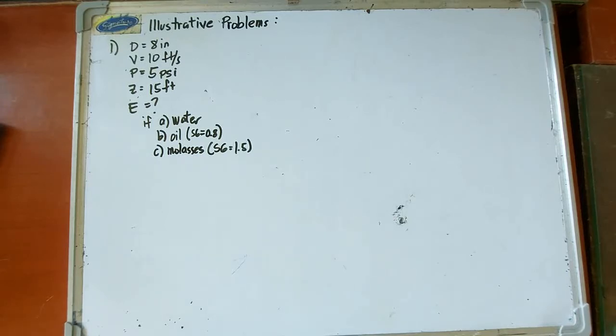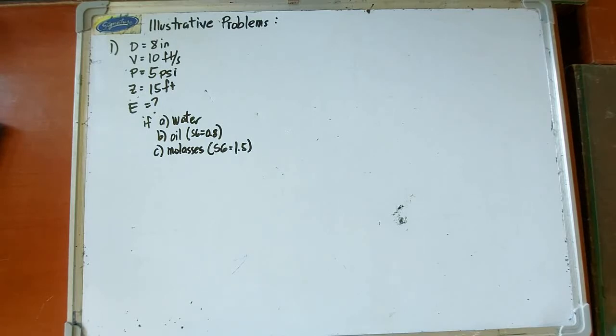A fluid is flowing in a horizontal pipe 8 inches in diameter with a mean velocity of 10 feet per second. The pressure at the center of the pipe is 5 psi. Psi is pounds per square inch. Now, that's a unit for pressure. I hope you can still remember our discussions before about the different units for pressure.